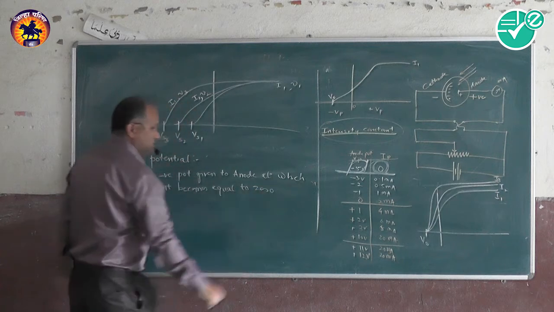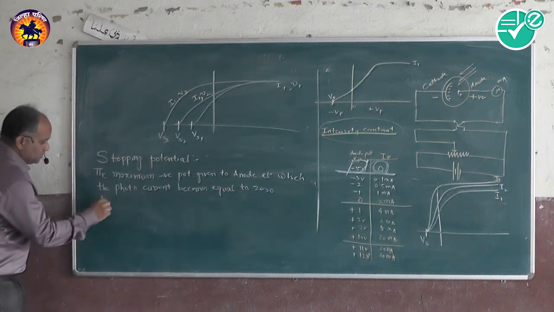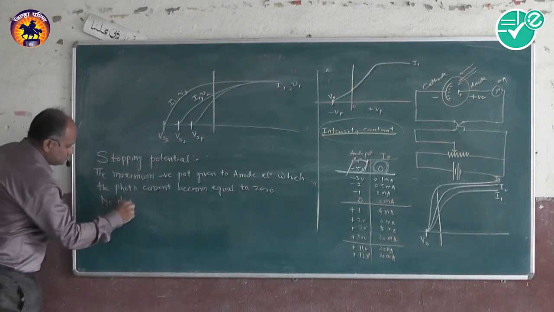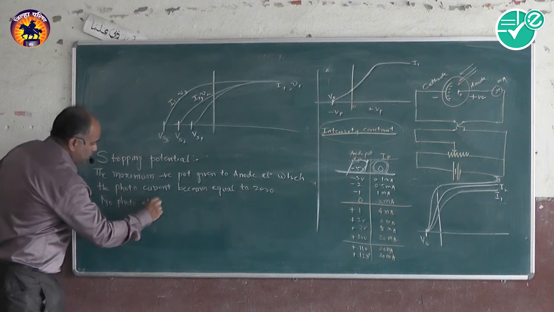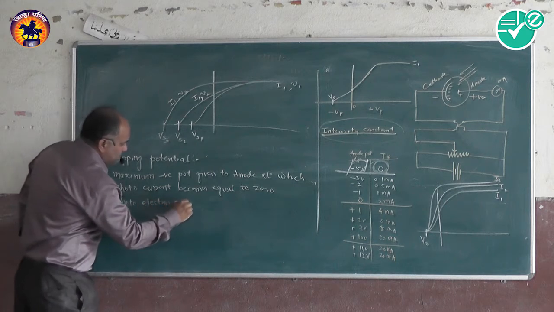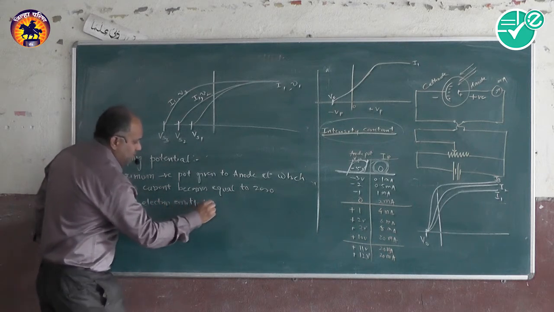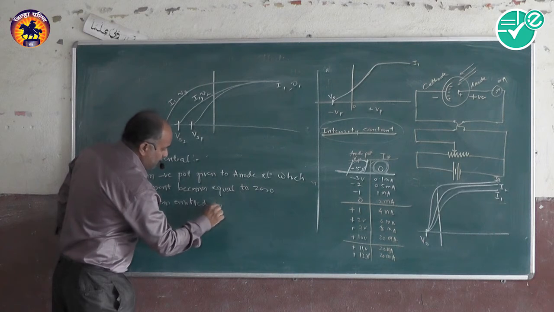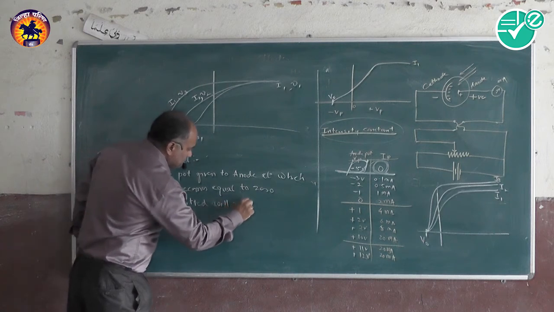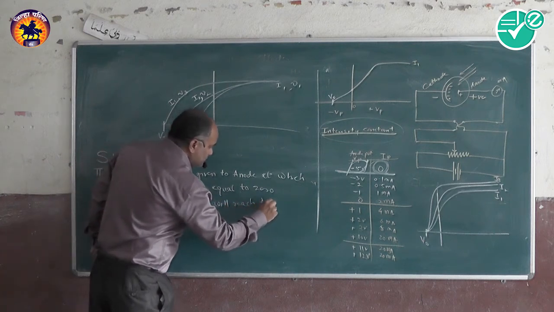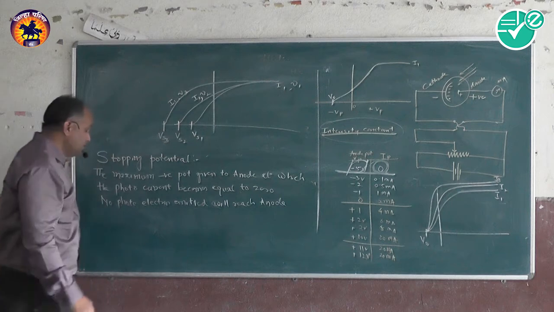This is one characteristic. Second characteristic: no photoelectron emitted from the surface of the cathode will reach the anode. What will happen then?